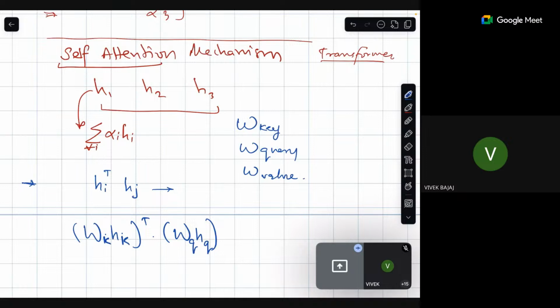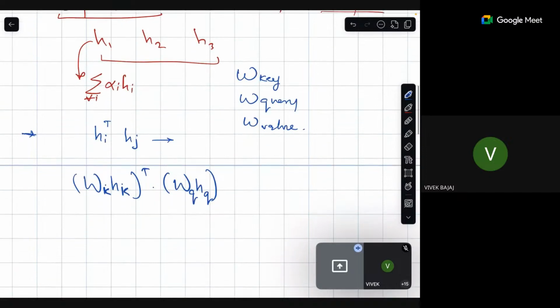You can do this, or even the other way, it doesn't matter. This could have been the query, this could have been the key. This is one way to say how important the query is with respect to the key. And then finally, we are saying that each value is a weighted summation of values. What are values?